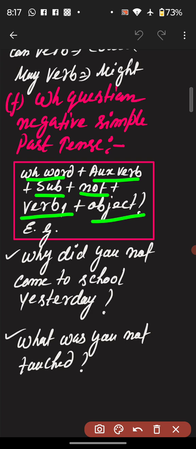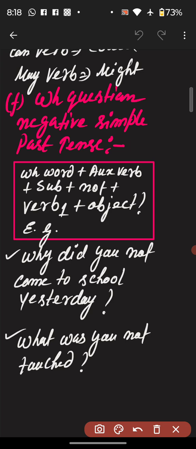And the beauty of this question is that it is always asked in past tense, because it will always be asked after the incident has occurred, that is you were absent. So here again WH word, then did, past form of do, then subject, then not, then the principal verb come will remain in present form, to school yesterday, the balance object portion.